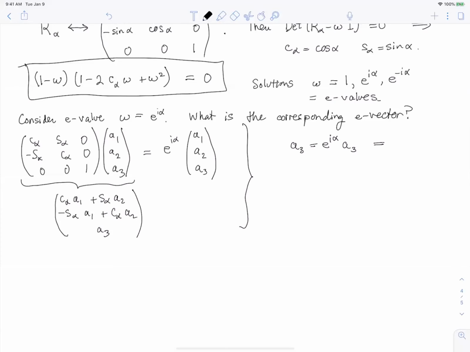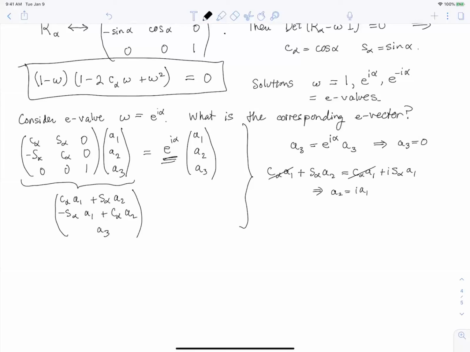And if alpha is non-zero, that means that A3 has to be 0. That's the only way. Then you can look at the first entry, which is c alpha A1 plus s alpha A2 on the left side, equal to c alpha A1 plus i s alpha A1. Here I've expanded out my e to the i alpha. And because this cancels with that, that amounts to saying that A2 is i times A1.